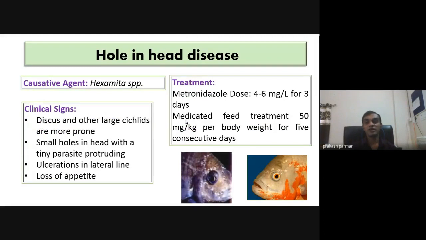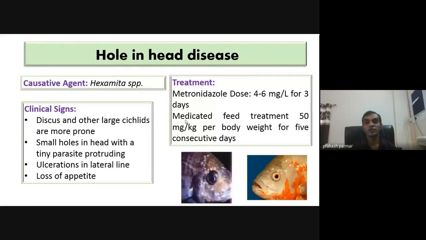Hexamita is another parasite which produces a disease known as hole in the head disease. Generally, discus and other live cichlids are more prone to this disease. It produces small holes in the head, and tiny parasites hide in these holes. It also affects the lateral line and causes ulceration in the lateral line, and the fishes show loss of appetite.